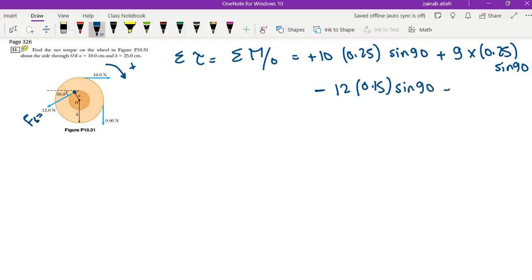I will calculate it. I will get 3.55, and the unit of a moment or torque is a Newton meter.